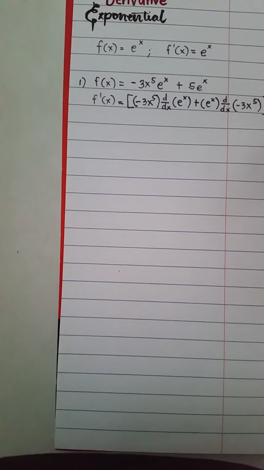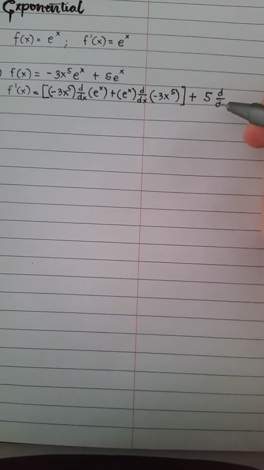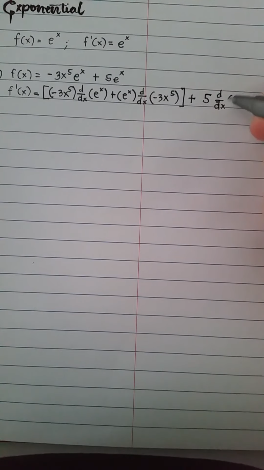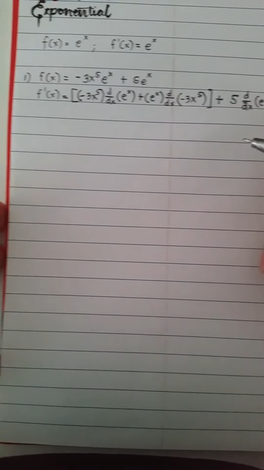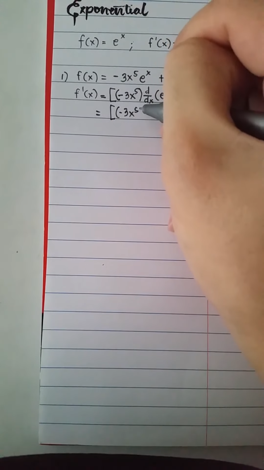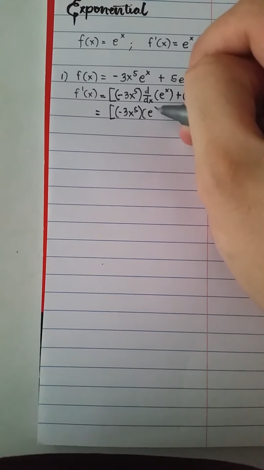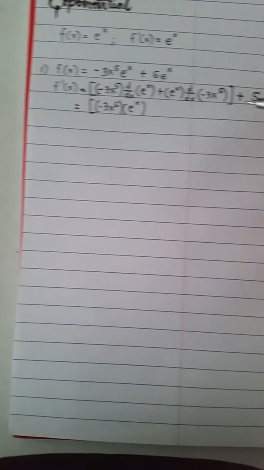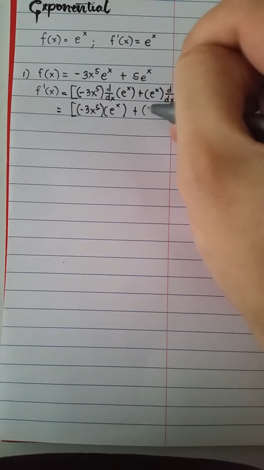Okay, so this is plus this one, 5, times the derivative of e to the x power. Okay, so this is negative 3x to the fifth, so we copy it, and the derivative of e to the x is still e to the x. Okay, and then plus e to the x.